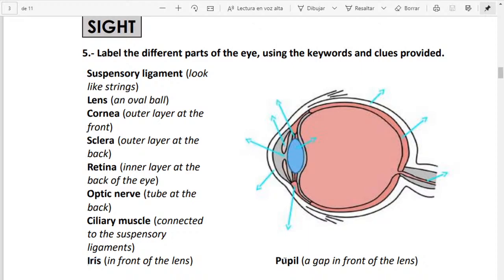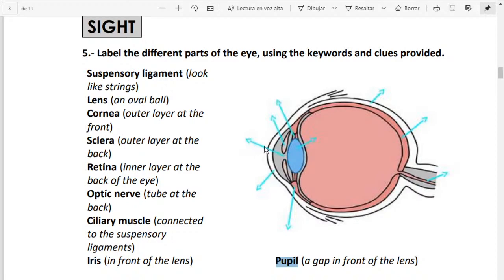And finally, pupil. Pupil is a gap in front of the lens. So this is the lens. This is called cristalino in Spanish. In Spanish we call it cristalino. Very important. But in English, this is a lens. Same name as a man-made lens, an artificial lens you put before your eyes to see better.